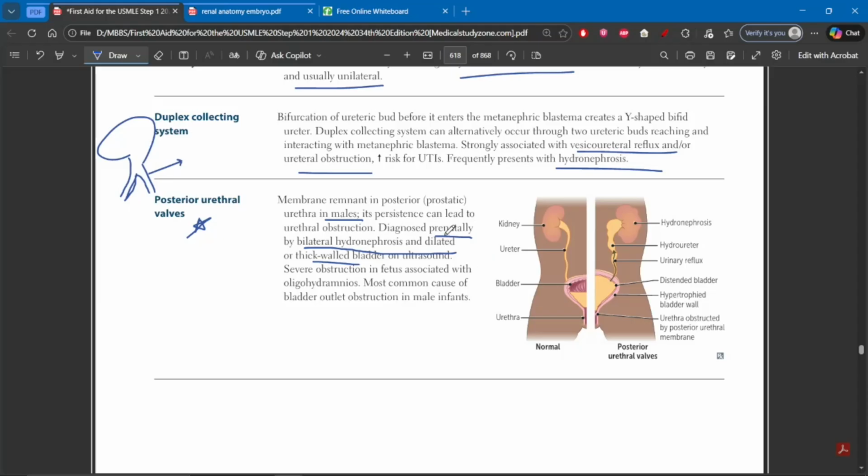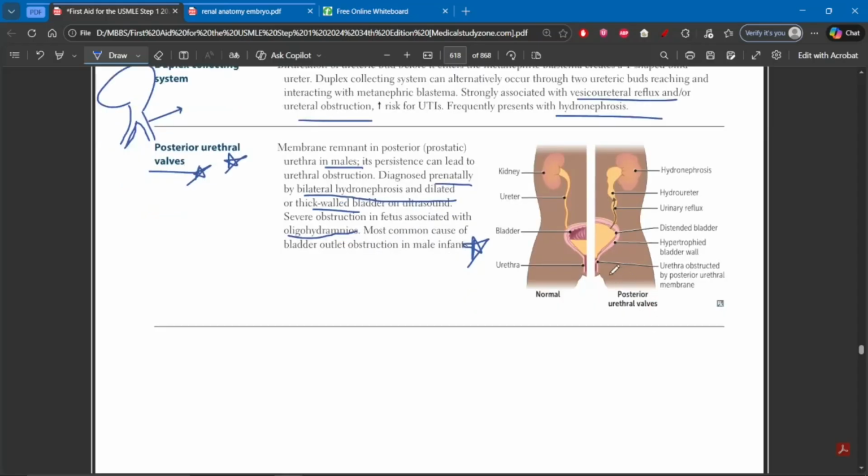This is not a postnatal condition; it can be present prenatally and also can be discovered postnatally. Severe obstruction in the fetus is associated with oligohydramnios, of course, we studied that earlier. So the most common cause of bladder outlet obstruction in male infants is posterior urethral valves. This you need to keep in mind. This is very important.